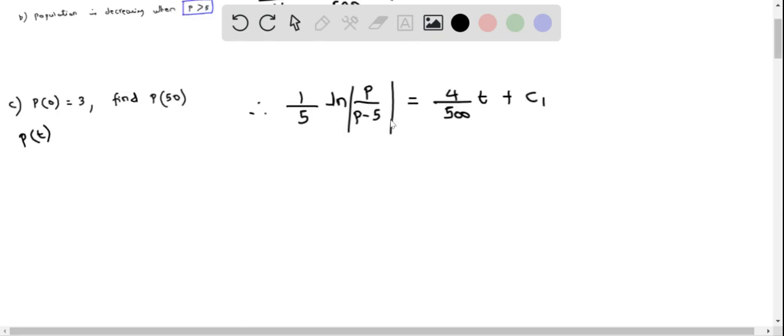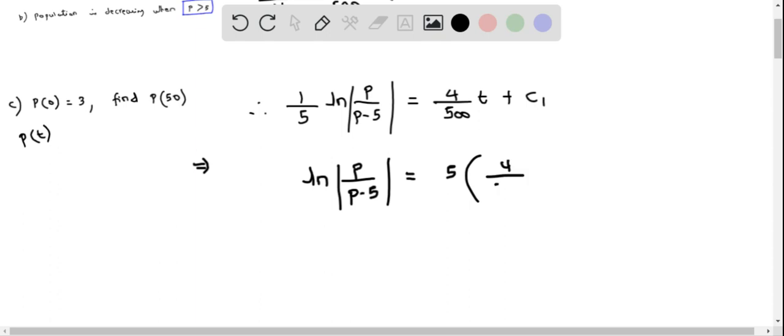We will now solve for t from this equation. So first I'm going to multiply both sides by this constant 5, so that we remove the fraction on the left side. When we do that, we get natural logarithm of absolute value of p over p minus 5, and this equals, we multiply the right side expression by 5, that is 5 times (4 by 500 t plus c1). When we distribute this 5 into the first term, we get 5 times 4 by 500.